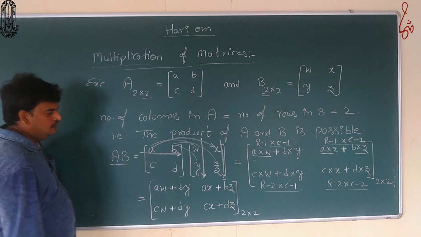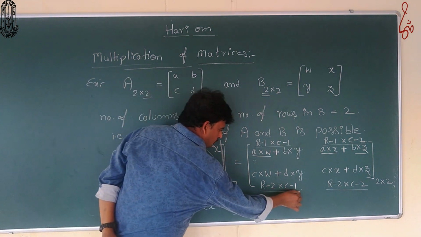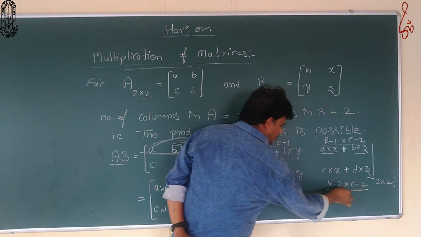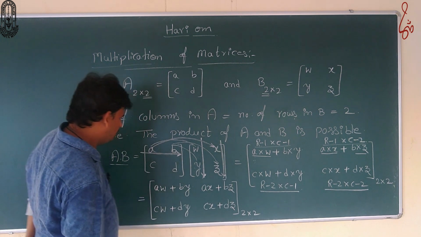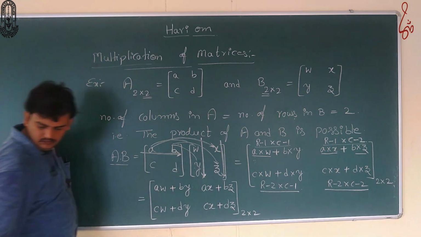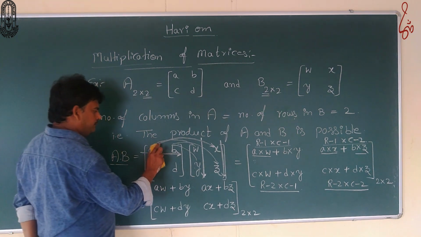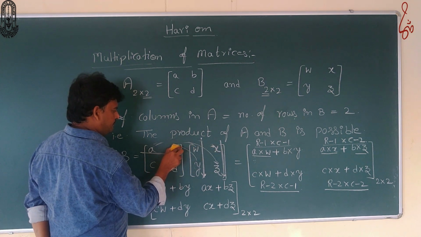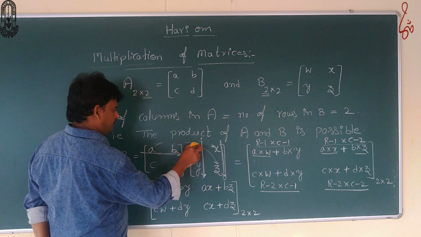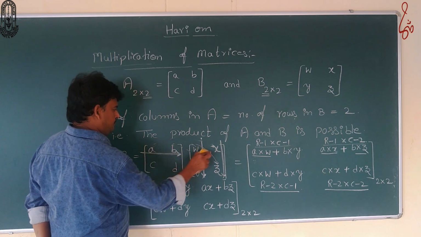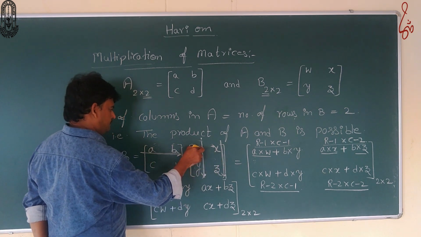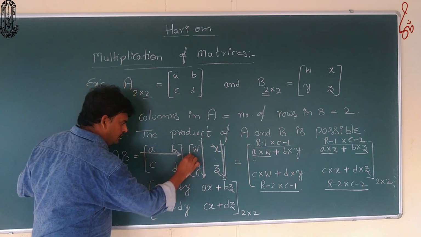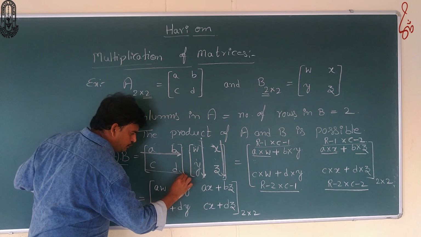Now similarly we can have row 2 into column 1 elements, row 2 into column 2 elements. In row 2 we have C and D. Now we have here row 2.